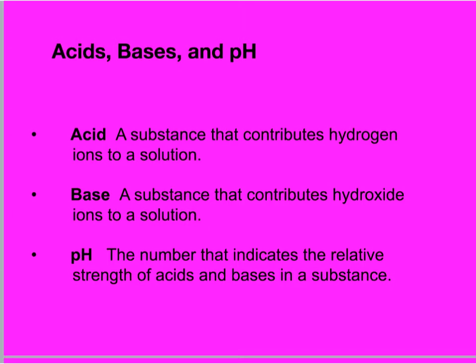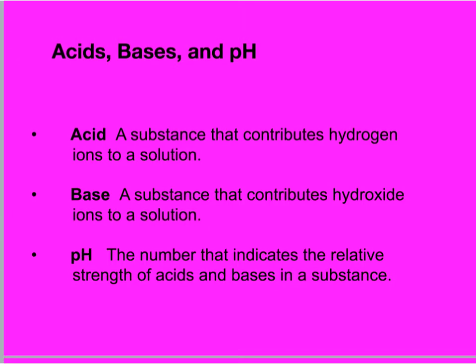When an acid dissolves in water, it dissociates into its positively charged H plus ions and its negatively charged ions. Two important acids that we'll discuss in the future are nitric acid, which is HNO3, and sulfuric acid, which is H2SO4. These are primary components of acid rain, and we'll talk a lot more about acid rain during pollution.